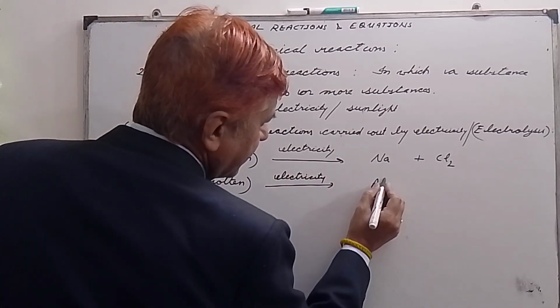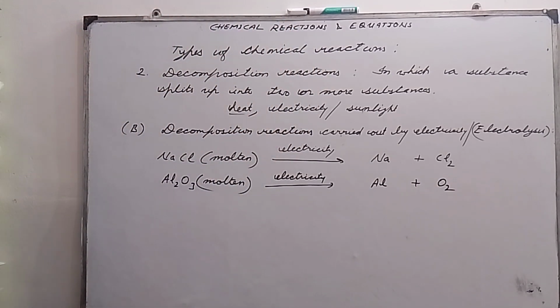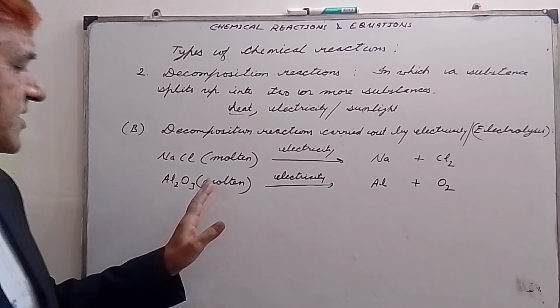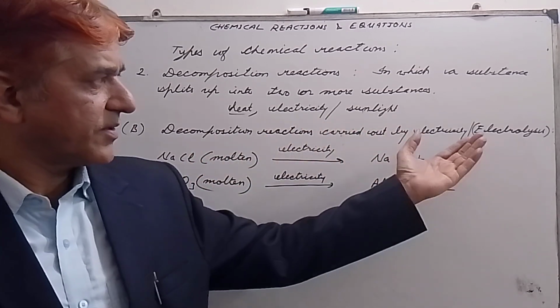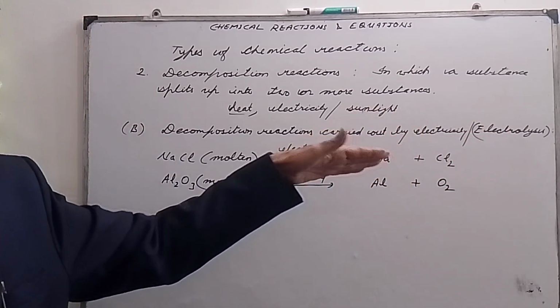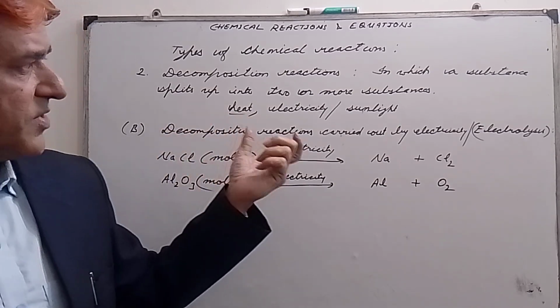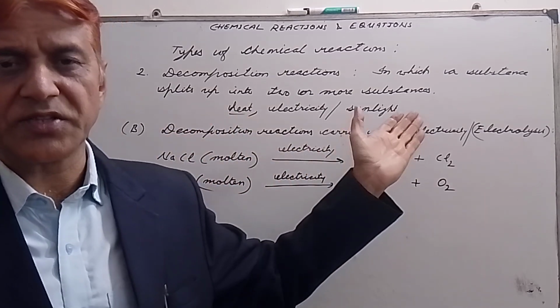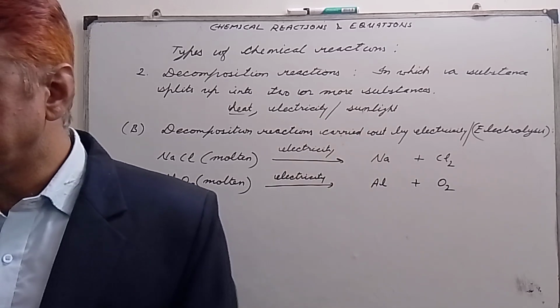We will get aluminium metal plus oxygen. My dear students, this is an example of decomposition reactions by electricity, also called electrolysis. Electrolysis is a decomposition process in which decomposition is done by using electricity. I hope that this is understood to you.